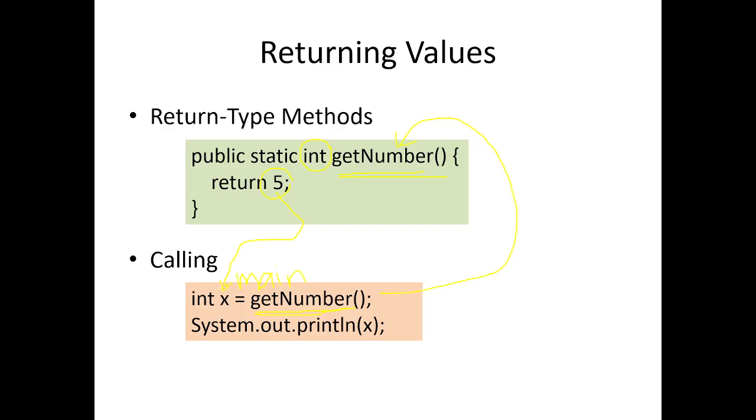In the main structure, this 5 is x. This x you have to declare, because it just accepts the value. The main will accept the value, but the data type needs to be declared here. Then the next task in the main structure is to display this x value, which is 5. So the output of this program is 5.